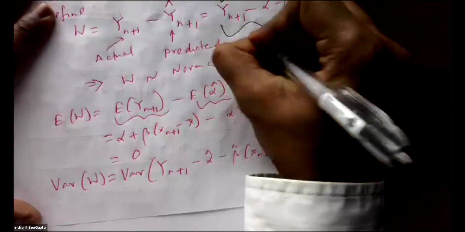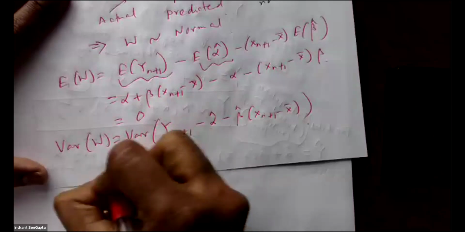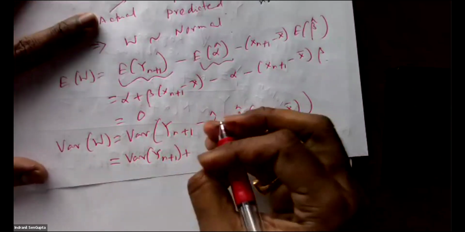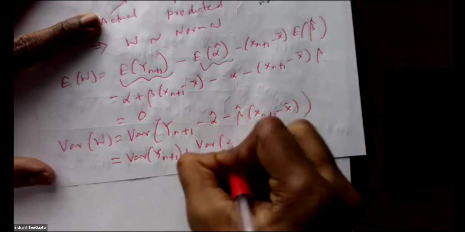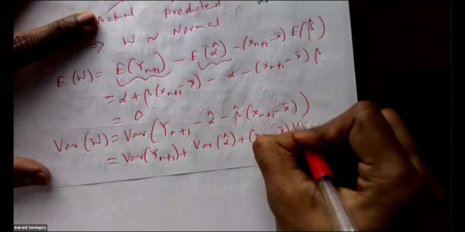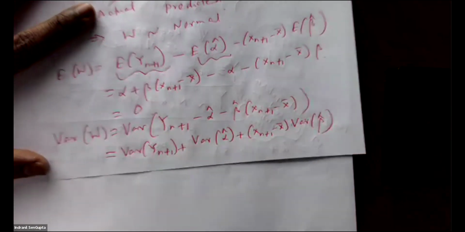So all these are independent normals. So if you're using the independent normals, it's basically variance of yn plus 1 plus variance of alpha hat plus xn plus 1 minus x bar variance of beta hat, which you can easily compute. It's really not that hard, given all the information that we have.